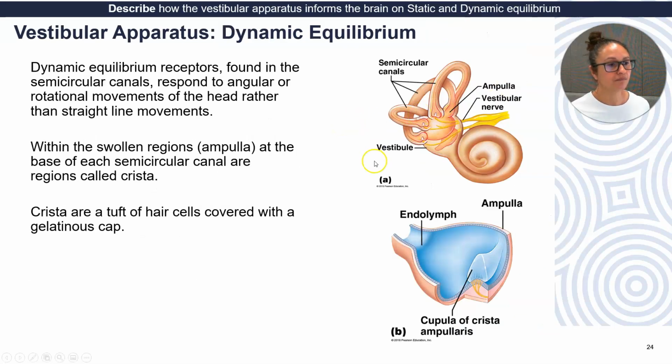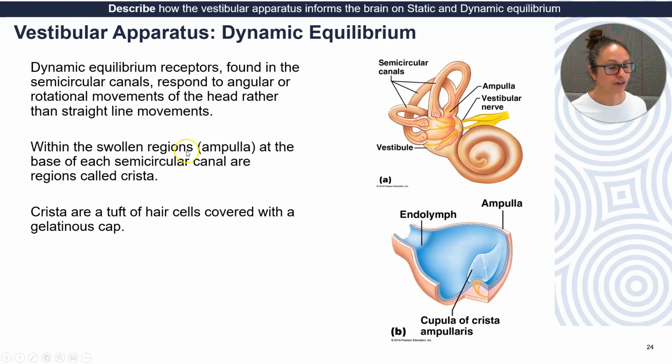Here we go. We've had a look at the cochlea, that was part 1. We had a look at the vestibule, which was part 2. Now we're looking at the third part, which is the semicircular canals. In each of the semicircular canals, there's a little swollen bit called the ampulla.